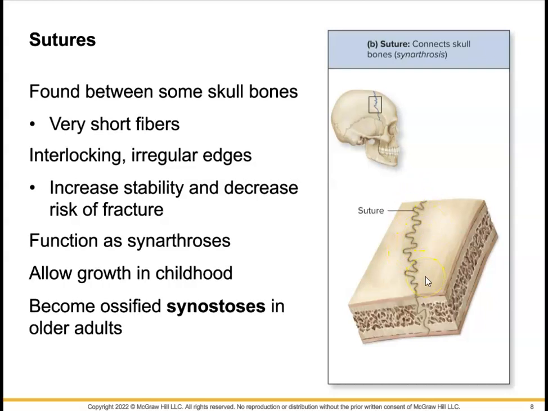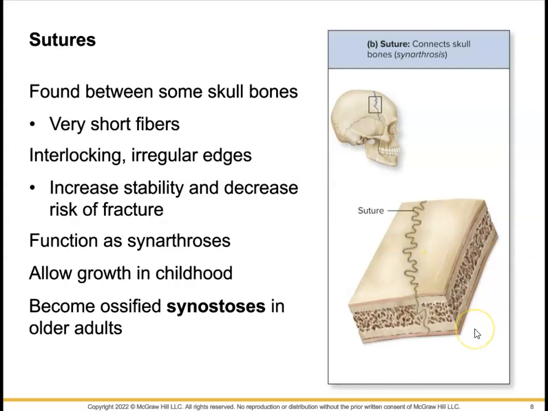Now, you should have also learned that these are not ossified in the fetal skull, and these sutures don't fully ossify until we are pretty close to getting to the point that our skull's not going to grow anymore, because once this is ossified, no more growth can occur, right?